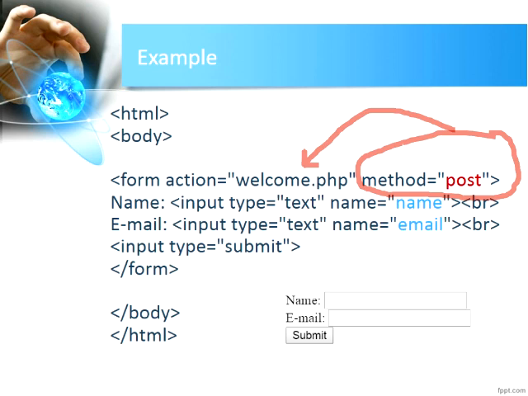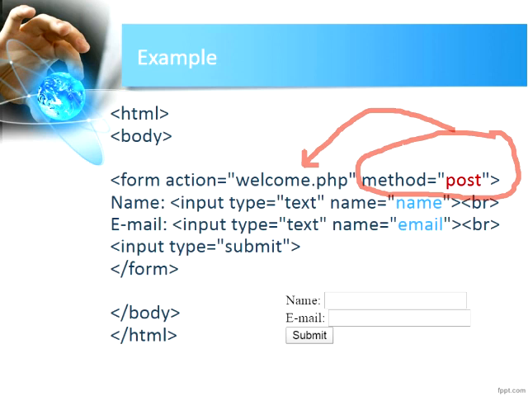So this manner, or the second one, depends on the method value. Is it clear? So in this example we use method equal post or get.